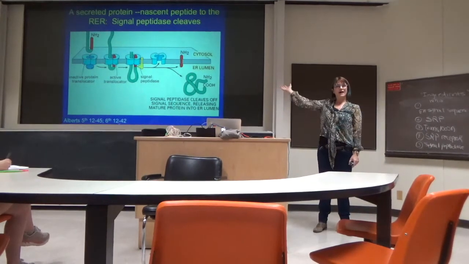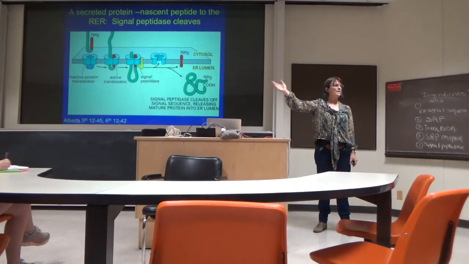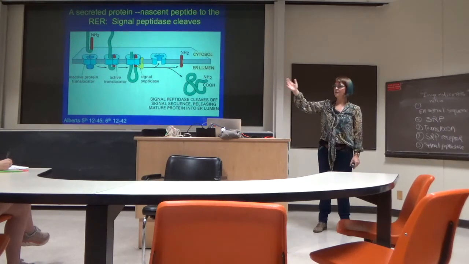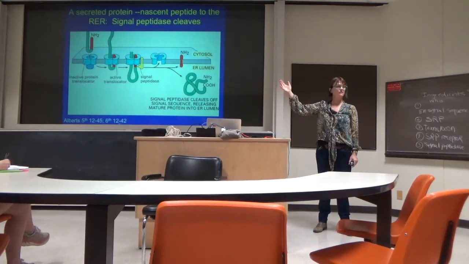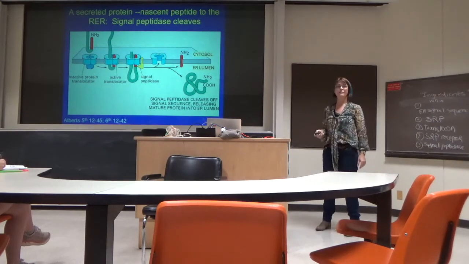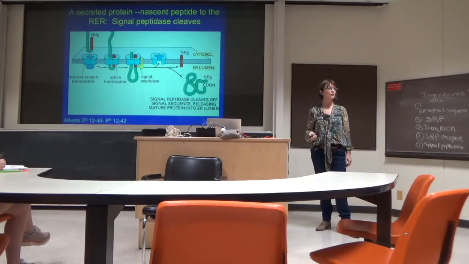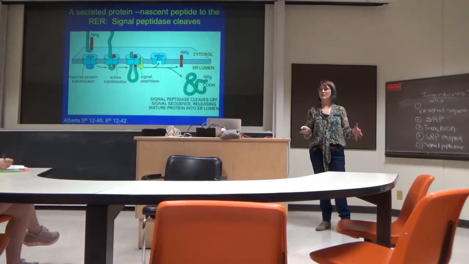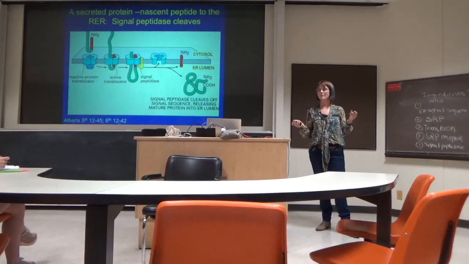Now, looking at this diagram, you might think that the ER membrane is just chock full of ER signal sequences, since proteins are synthesizing a lot. It turns out that this isolated ER signal sequence has never been isolated. It can't be purified because, once it's in the ER membrane, it's almost instantly degraded and gotten rid of in a way that we don't understand.